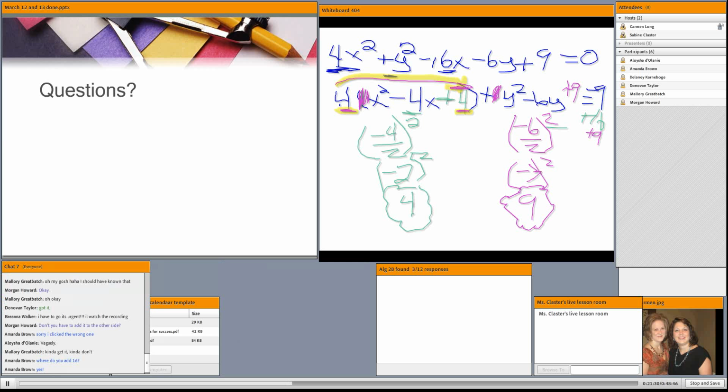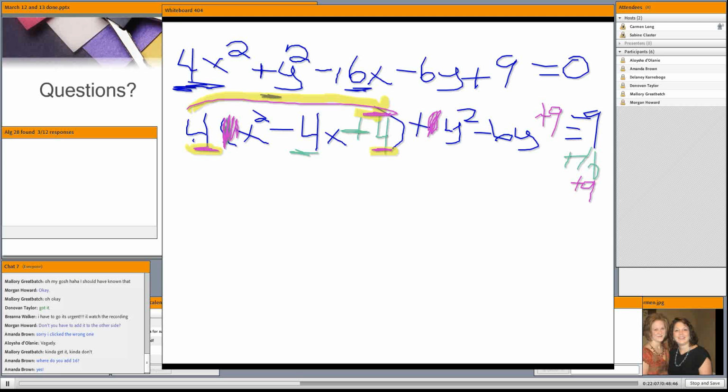Just where we found our 9. And now we can complete the square. The whole point of doing that is so that this is a perfect square trinomial. It's always going to be x, then the half part. Half of negative 4 was negative 2.